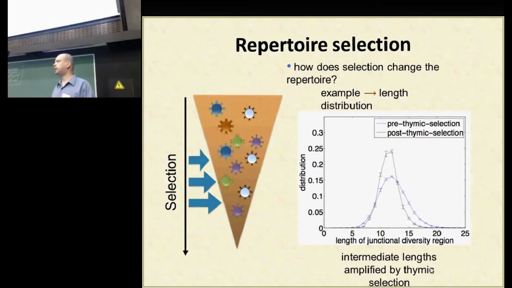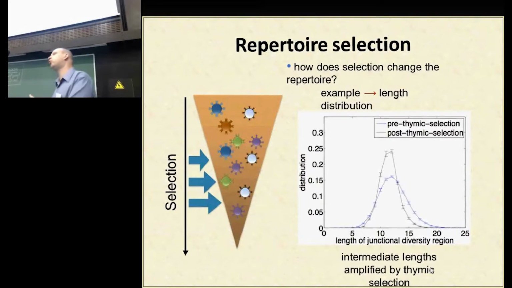The distribution before selection, the blue line, is wider and longer than the distribution after selection, the black line, which basically means that selection did something specific. It doesn't seem to be blind, right? It doesn't choose sequences according to nothing, but chooses specific sequences.